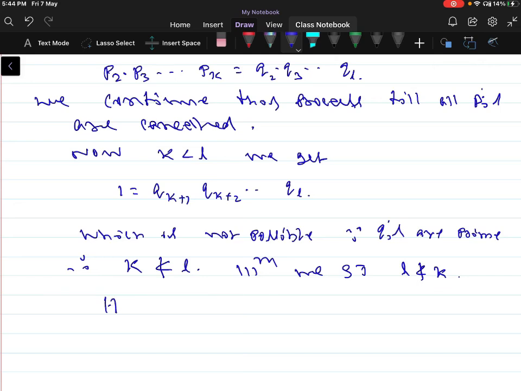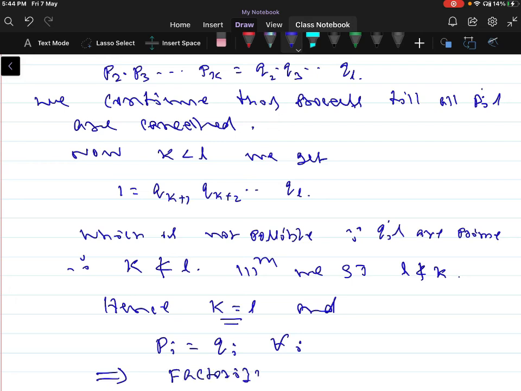Hence k is equal to l, and pi is equal to qi for all i. So this implies factorization is unique.